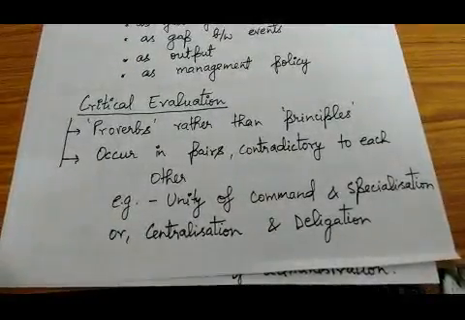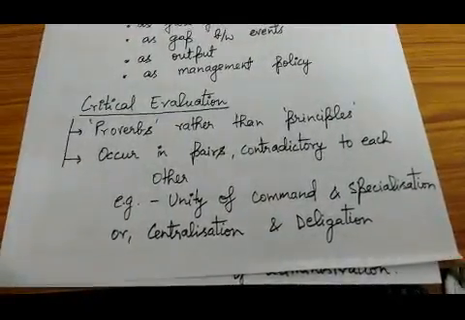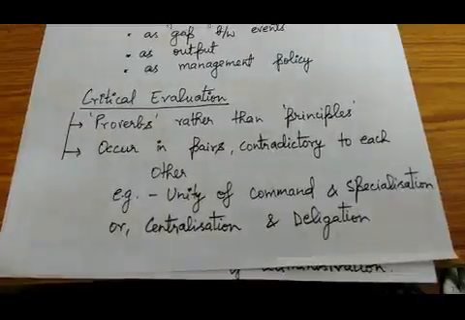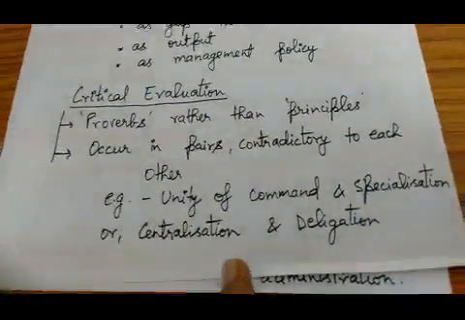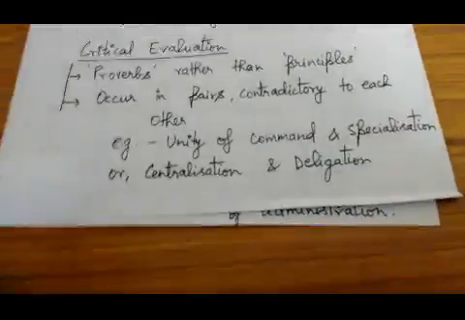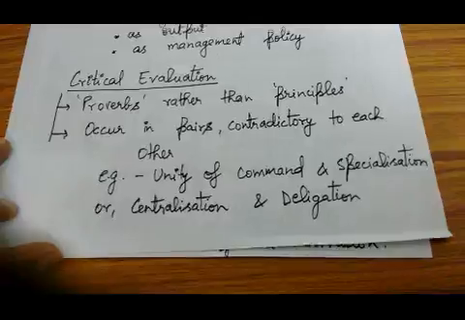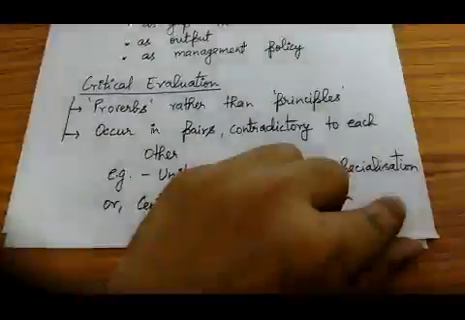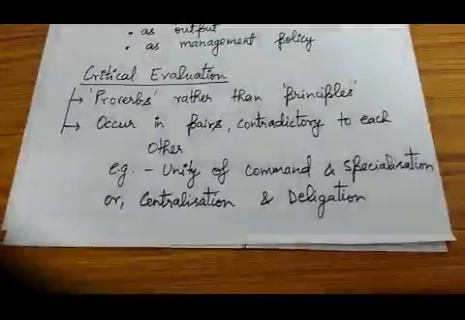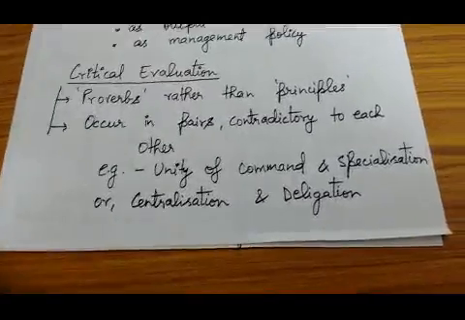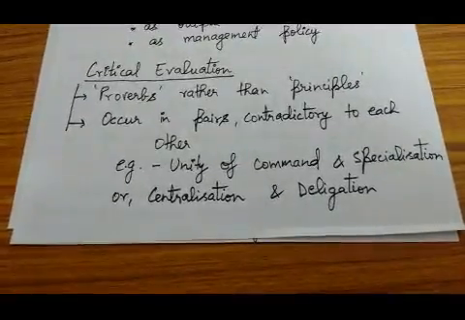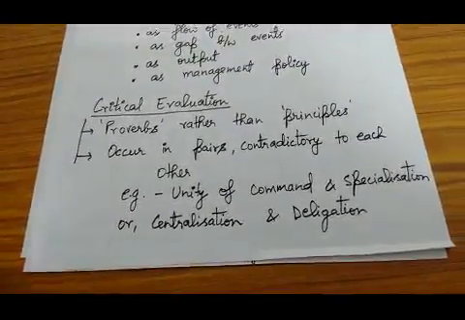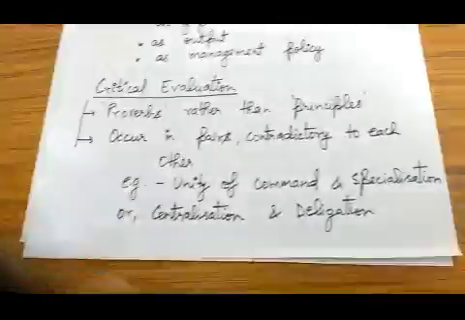So should a laborer take commands from a specialist, or does unity of command say there will be one particular boss, so he should take command from the boss? This is one problem, and both features are in Gulick and Urwick. Then centralization and delegation. They say there should be centralized command, and then they say there should be delegation also. These also counteract each other.